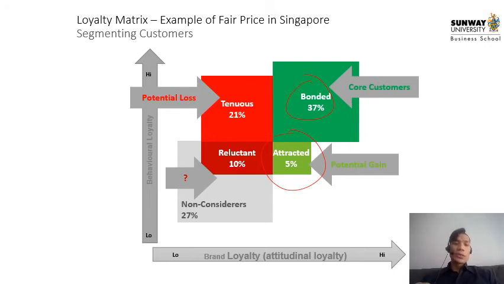Then there are also the people who are tenuous, people who are already in that brand, but they feel that the services they're getting are not really up to their standard, and that's why we call them the potential loss. And of course, we also have those who are non-considerers. Now, if you're doing something in politics, this is actually a very good way of seeing what kind of people are actually voting for you and attracted to you, but at the same time, those people who are about to leave you. Okay.